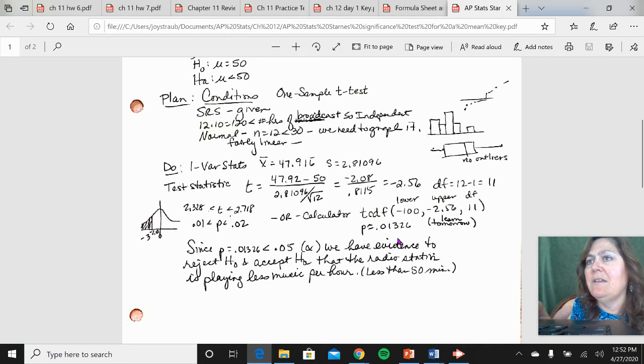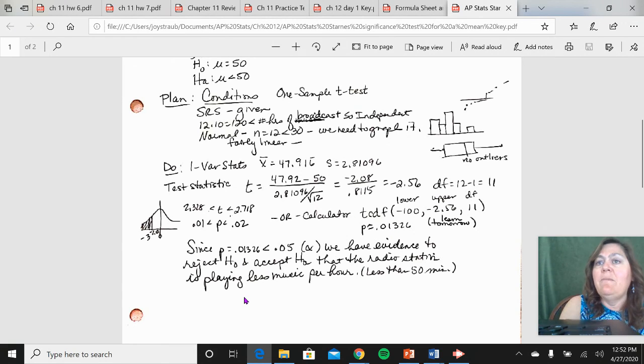And you can see here it gives you a p-value of 0.01326. That is definitely between these two, but it just gives you a more exact value. If you had a positive t, then you would put the positive t here as your lower, and then 100 for the upper to go to the right side, and then your df, and you'll get a p-value. So that's just one way to get an exact p-value.